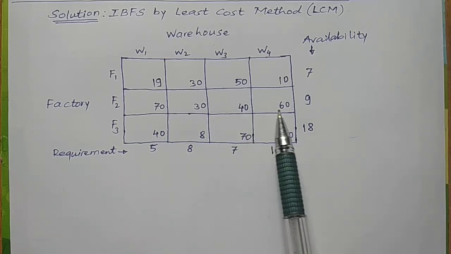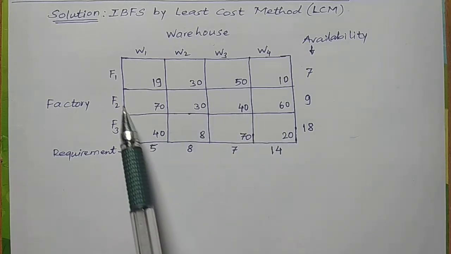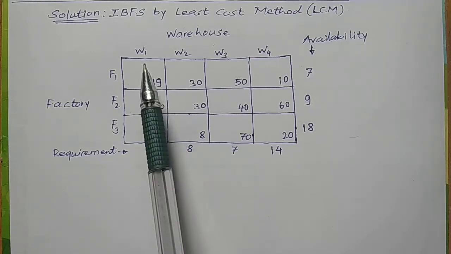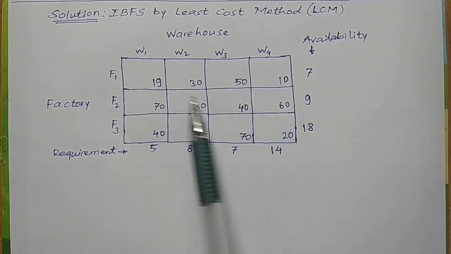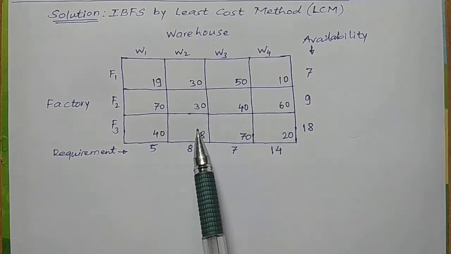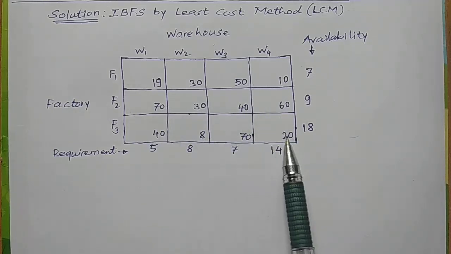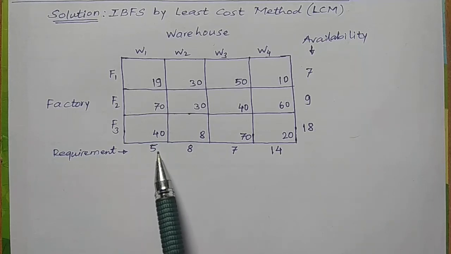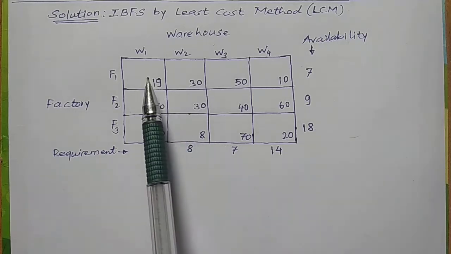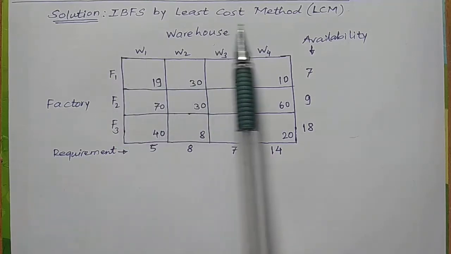So accordingly, various combinations are given, as we know that from each of the factories transportation is possible to each of the warehouses. So for each of the combinations the transportation cost is given, and our intention is to minimize the total transportation cost. Now here let us obtain the IBFS by least cost method.